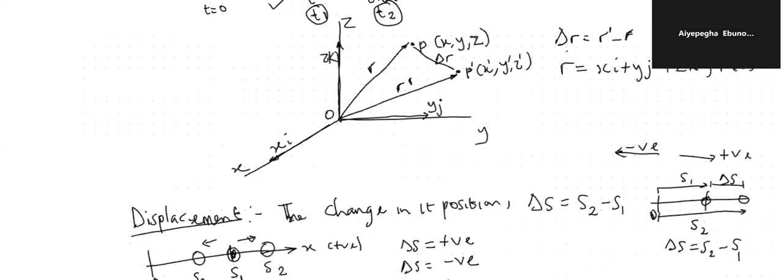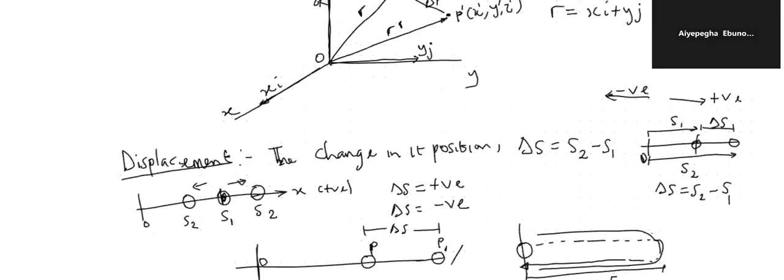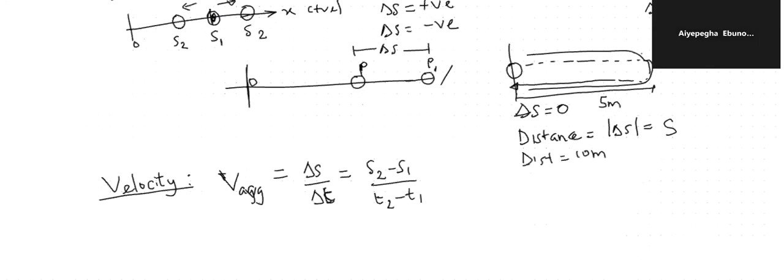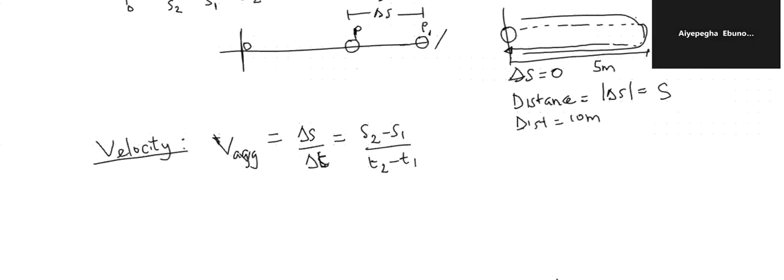Now, if we take smaller and smaller values of delta t, that is, as delta t approaches 0, consequently we are going to get what we call the instantaneous velocity.